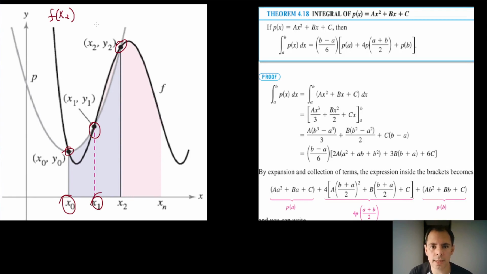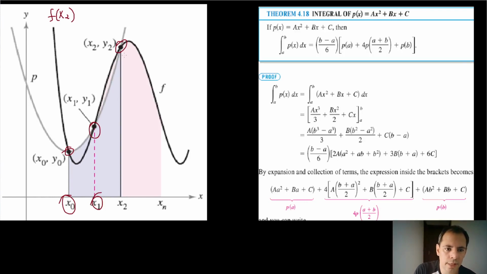For the first set, it's x0, x1, x2, and x1 has to be exactly in the middle of x0 and x2. It's got to be the midpoint. Then you have the next set of 2 intervals, which is 2, 3, 4, and then 4, 5, 6, and then 6, 7, 8, 8, 9, 10.